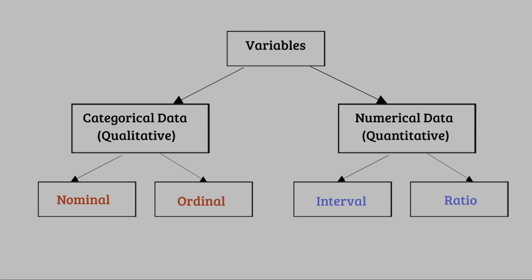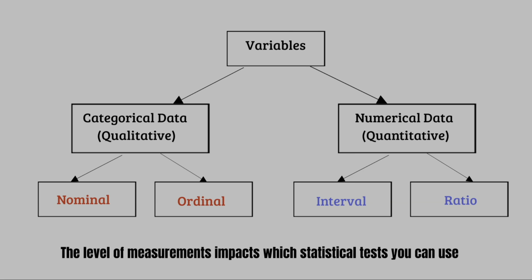Understanding these levels is crucial because they determine the precision of measurement. Why does this matter? Well, the level of measurement directly influences which statistical tests are appropriate for analyzing the data and which ones aren't. We'll now go through each level with some examples.